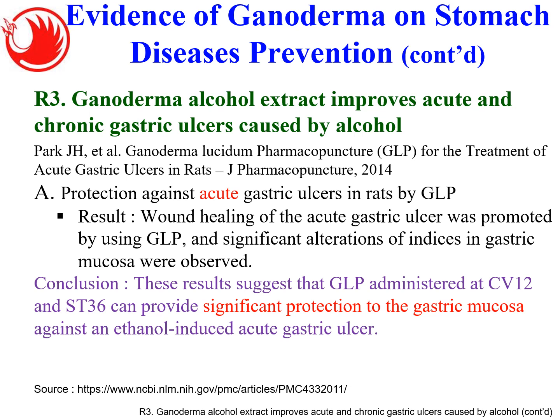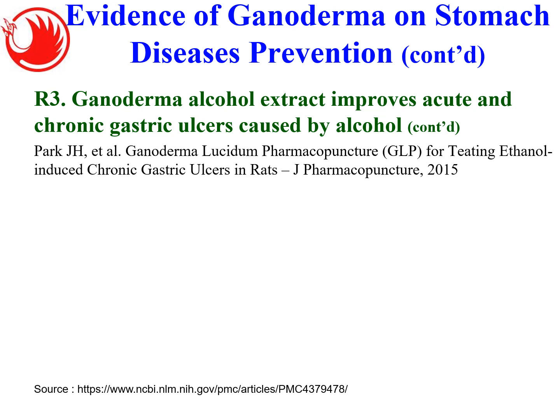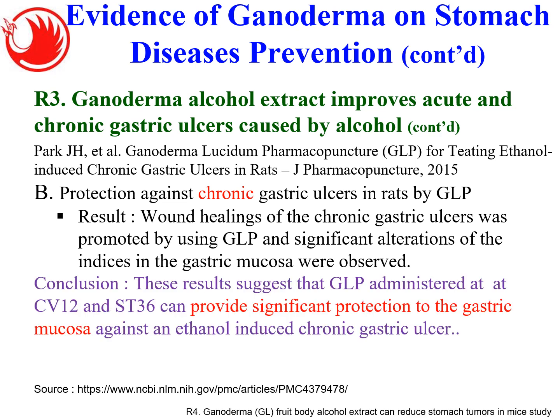Next, we look at another research, using Ganoderma also tested on the mouse model, on simulated injury mice. But this round is to look at the chronic gastric ulcer caused by alcohol.